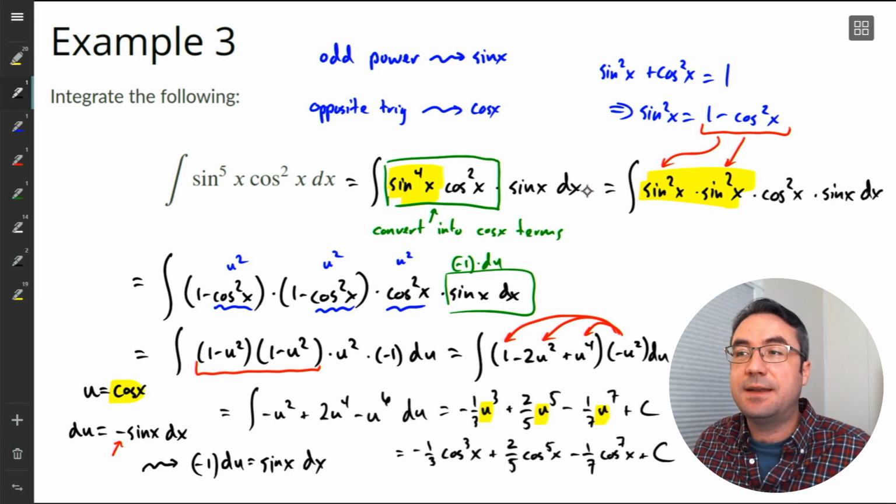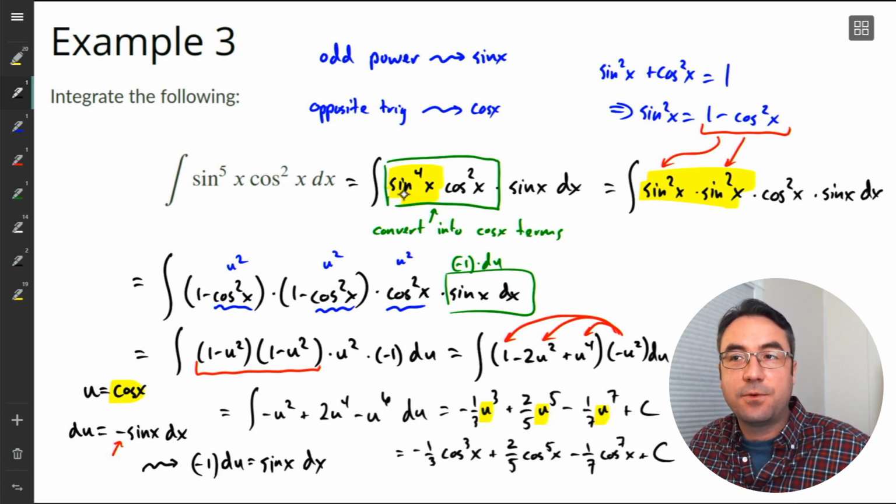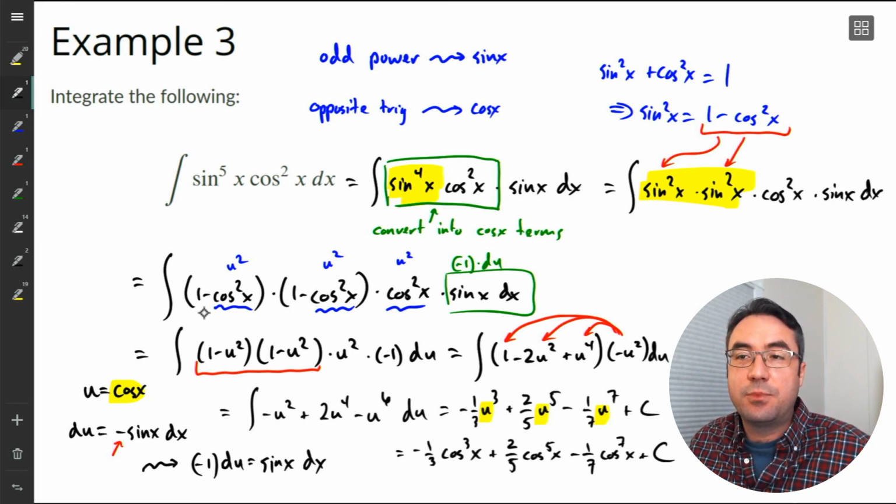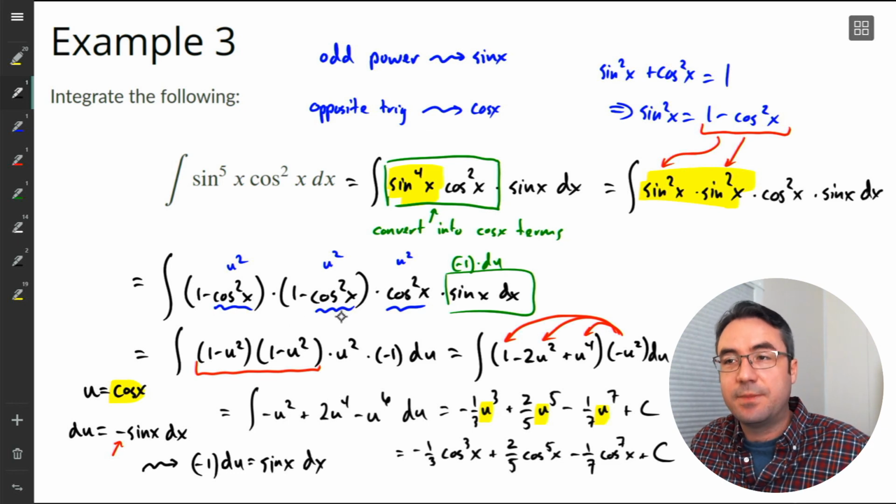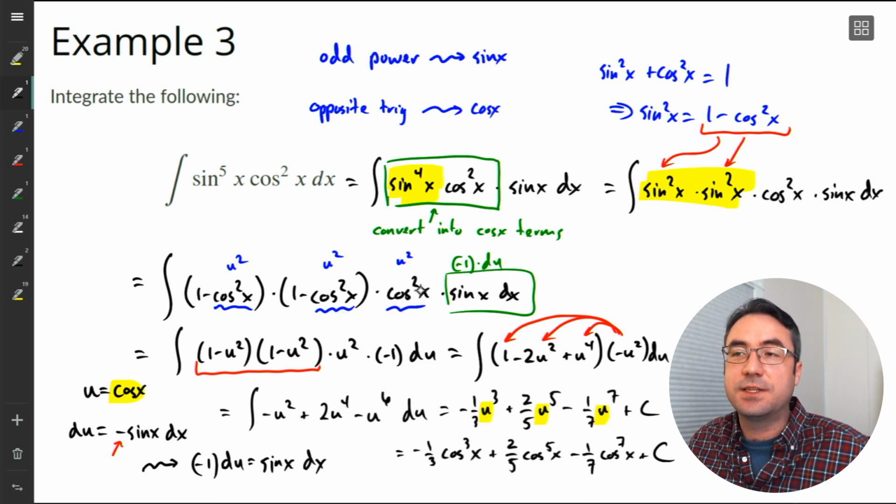We looked at the sine to the fourth, split it up into a bunch of sine squareds, and then used our trig identity: sine squared is equal to 1 minus cosine squared. So we ended up with 1 minus cosine squared times 1 minus cosine squared times cosine squared times our sine x dx.